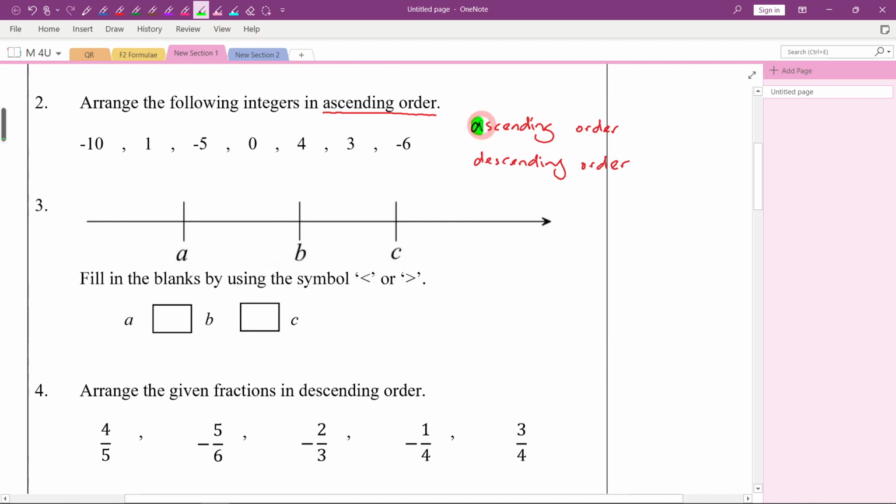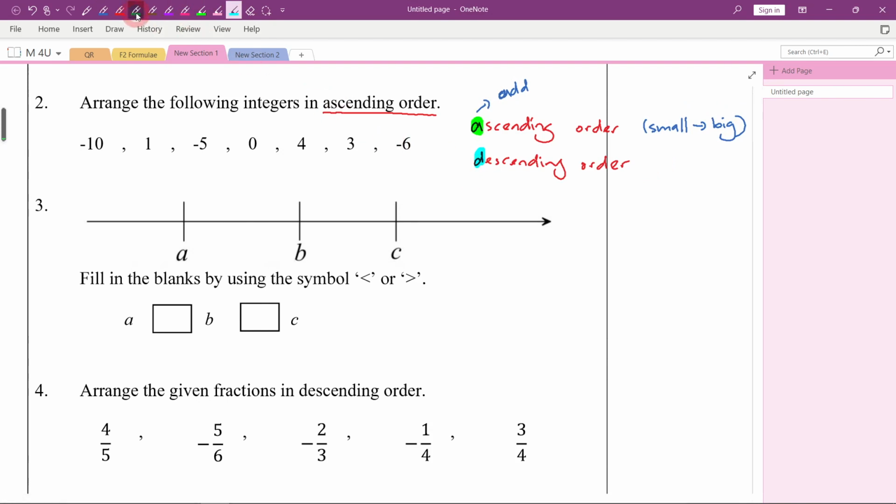When you see ascending order, start with A, right? Think about add. Keep on adding on it, so the number will become larger and larger, right? So ascending order means small to big. Now how about descending order?